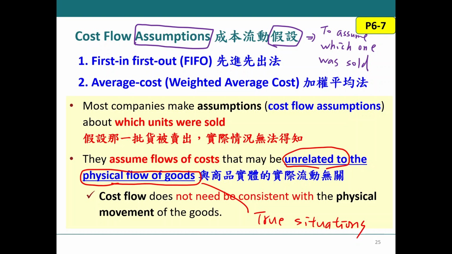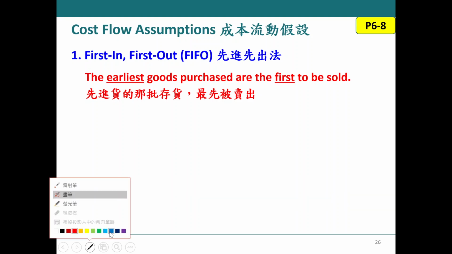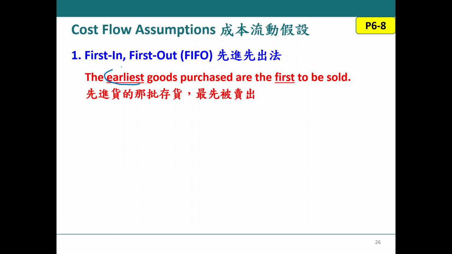So let's look at the first one. First in, first out. What's the assumption we have? We assume the earliest inventory purchase was first to be sold. So we assume the first inventory you purchased was first to be sold.